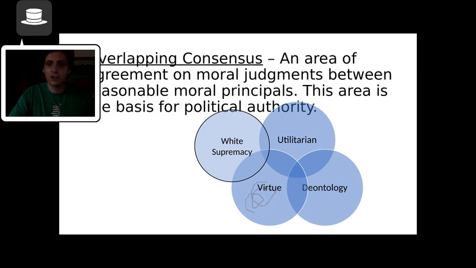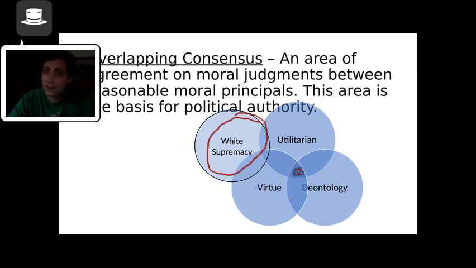These are going to be in your personal area, but all of those views, if they are reasonable, or another way to put it is you have to endorse a reasonable version of those principles or those ideologies that covers this space.